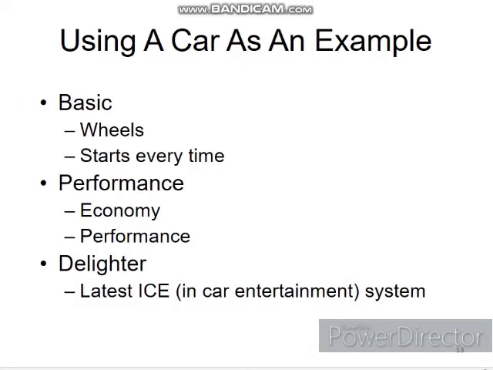Just an example, using a car to explain the Kano diagram. In a car, the basic feature might be that the wheels must start every time you crank the key starter. Performance can be economy, so the fuel consumption, or the performance: you go from 0 to 100 kilometers per hour in how many seconds.